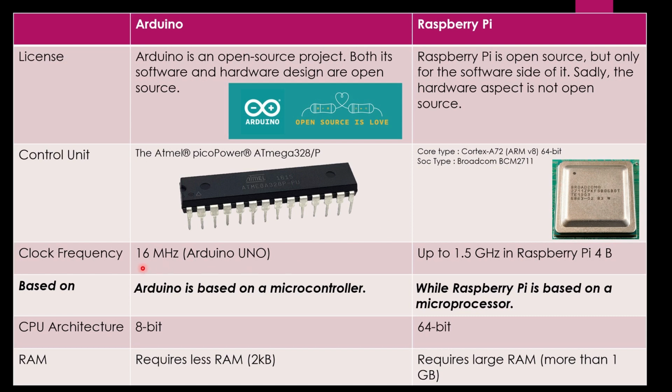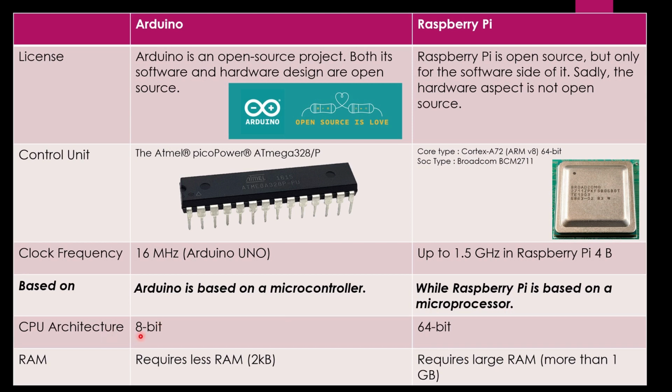The clock frequency in Arduino is very much less than Raspberry Pi, which is 16 MHz in Arduino Uno, and in Raspberry Pi it can go up to 1.5 GHz in Raspberry Pi 4B. Arduino is based on a microcontroller, whereas Raspberry Pi is a microprocessor.